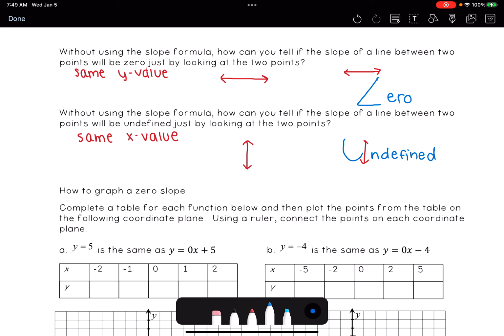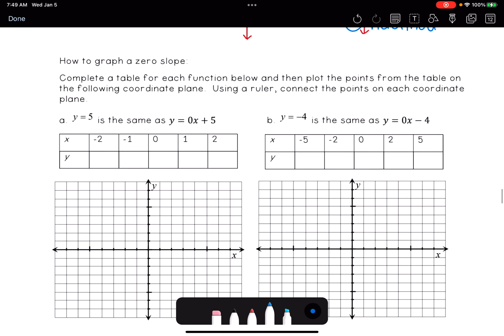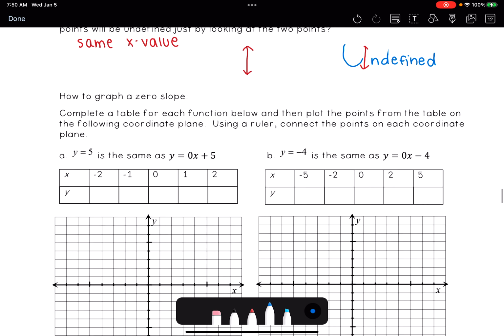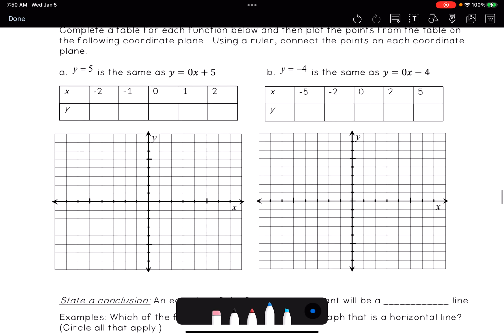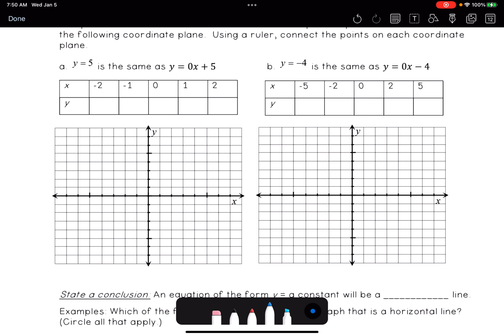So we can also graph a 0 slope by looking at a function. To complete a table for each function, we're going to do that and then plot the points from the table and then connect the points. So y equals 5 kind of looks different from the ones we're used to. That's the same equation as y equals 0x plus 5.